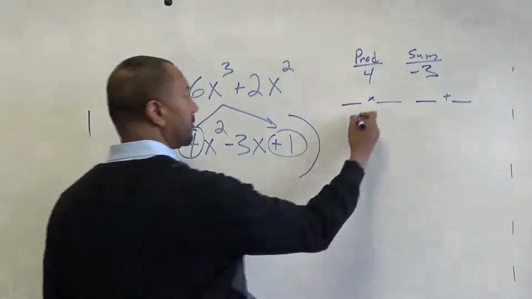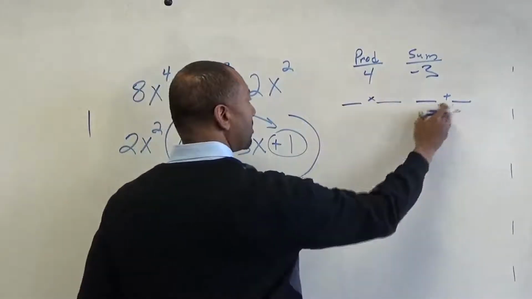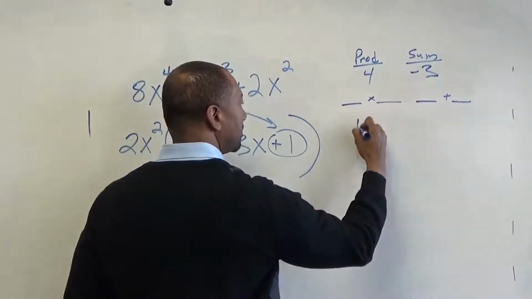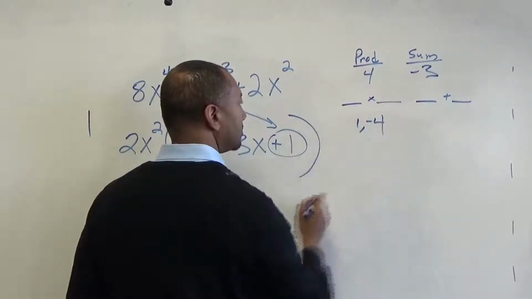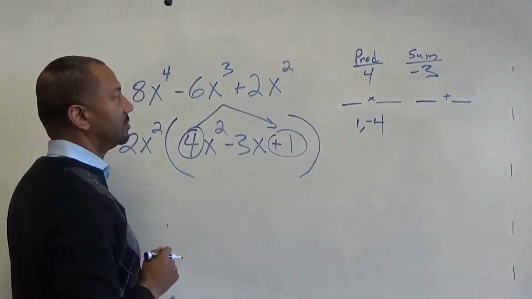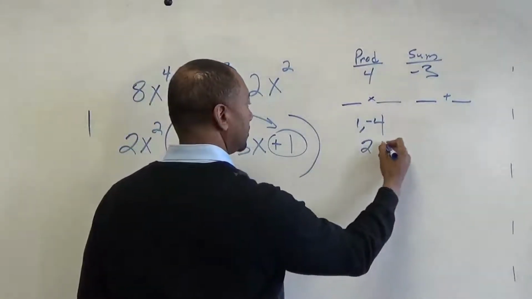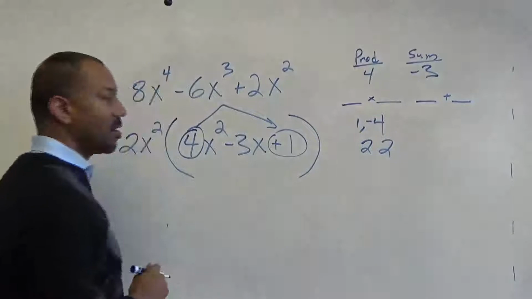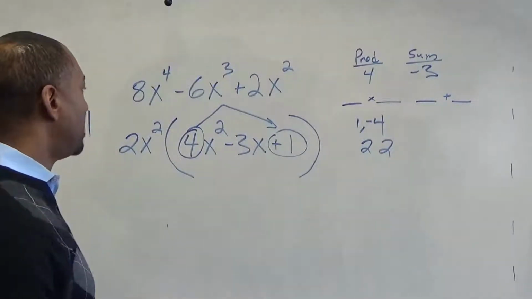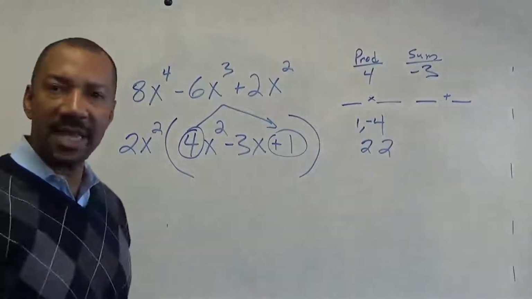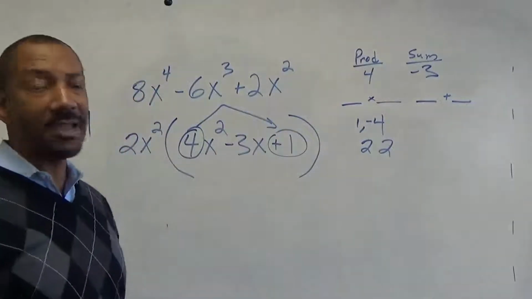Okay, so let's look for 2 numbers that can multiply together to give you 4 and add up to give you negative 3. And I'm thinking, will that work? No. Will this work? No.